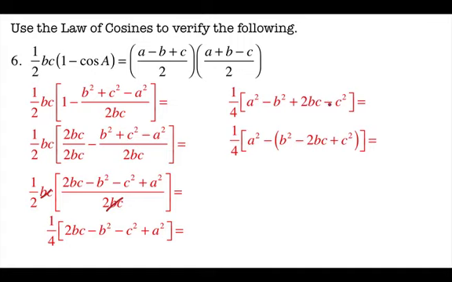If I pull out a negative out of this trinomial, this is what I get. At this point, you should be able to see that this is a perfect square. This trinomial becomes (b minus c) squared. I bring down the sign, bring down the a squared, bring down the 1/4. At this point, I'm going to go to the next slide. Here we go.